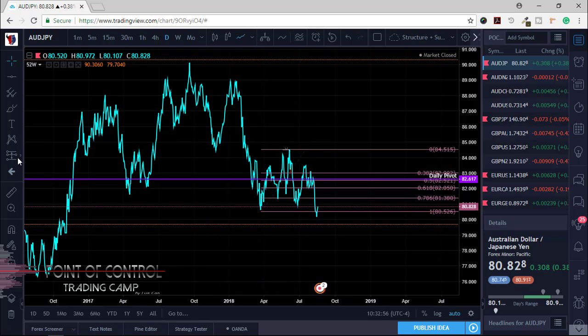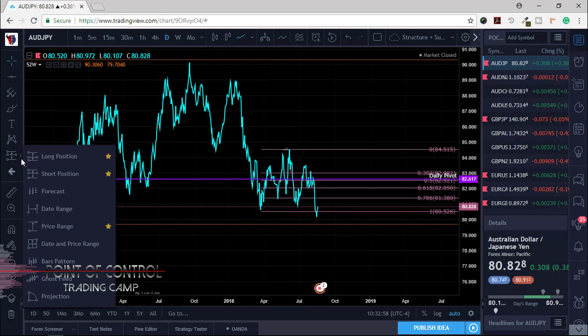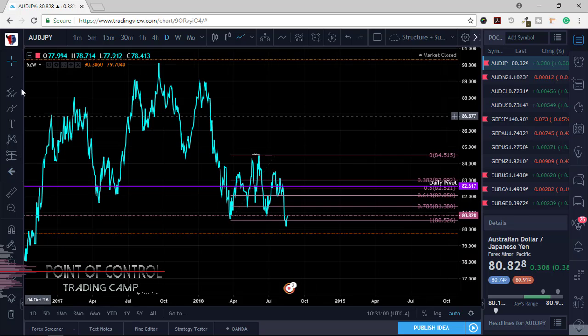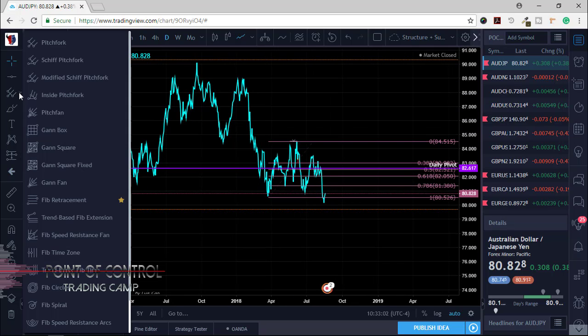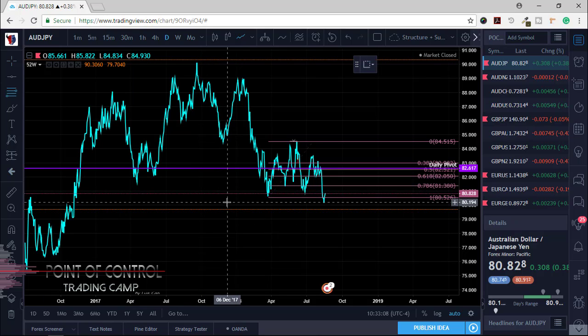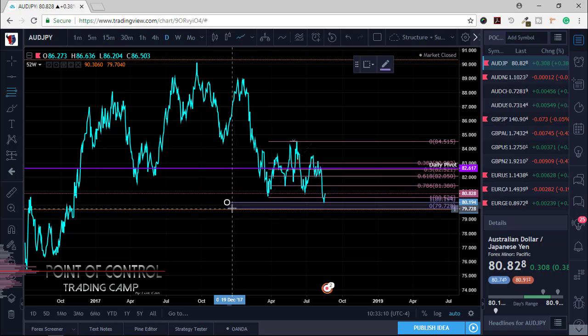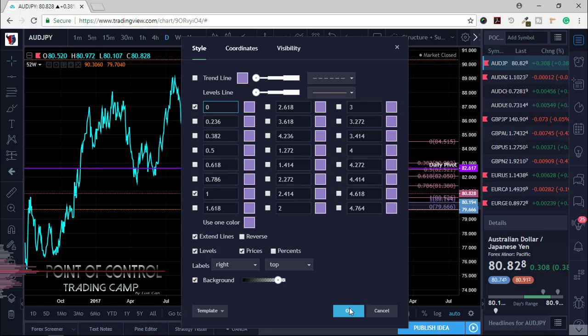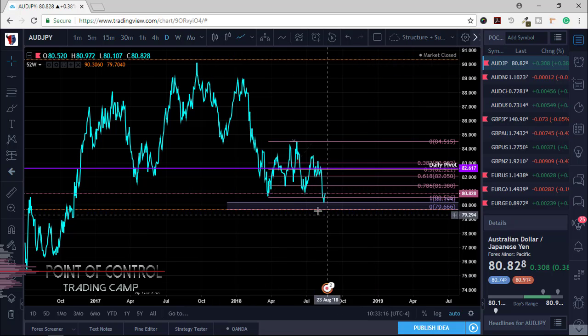How do I know it's a demand zone? Check this out real quick, and I'm gonna leave this one for the next time. I actually use a very nice technique using Fibonacci retracement, a particular one that I set up for me. But I can just highlight right here, boom, this level. I can show you how to draw this level.